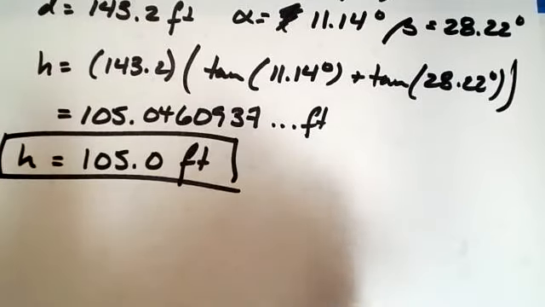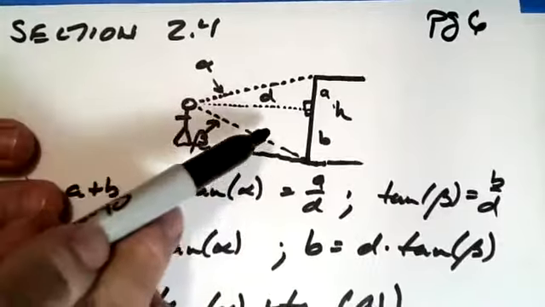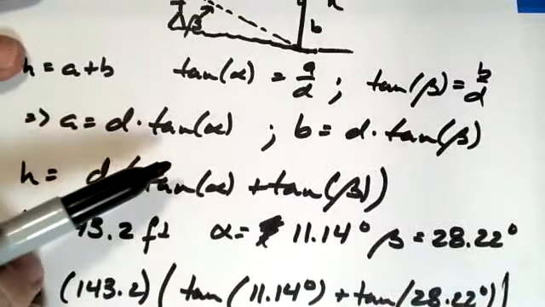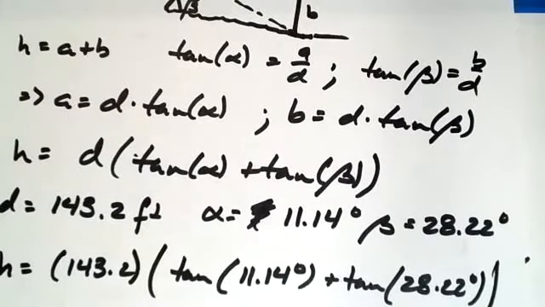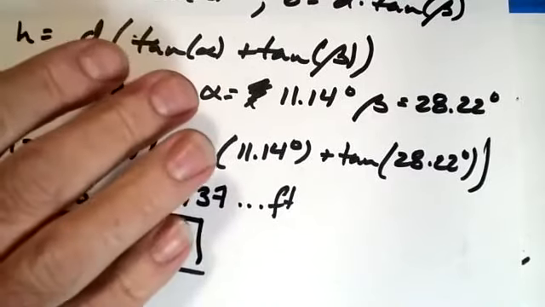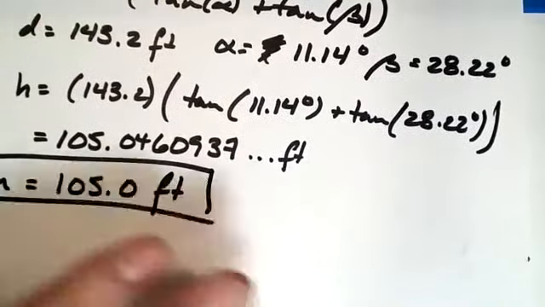So we're starting to get a little bit more complicated geometry, but it all just comes down to measuring things based on right triangles. I think this is one of the more complicated examples in section 2.4.